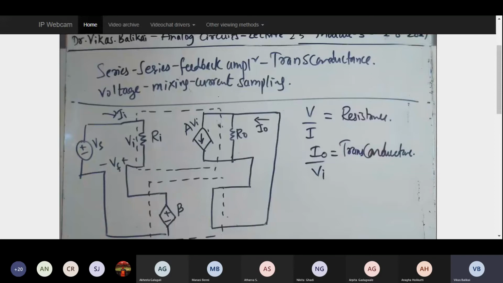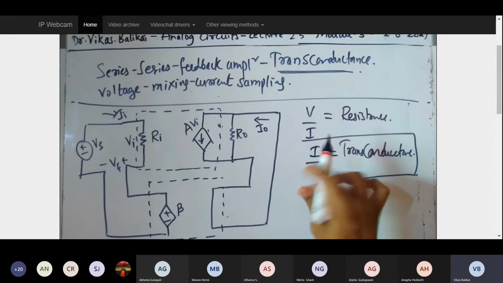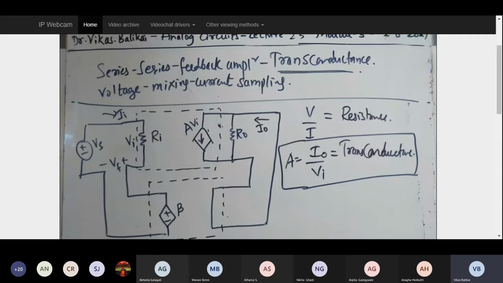So this entire amplifier is also called a transconductance amplifier because the input is voltage and the output is current. So my gain expression: always remember, gain I say as output by input. Whatever the output is, I put it, and whatever the input is, I put it. Whether it is output current or voltage doesn't matter to me. I represent that particular gain term as it is: if output voltage, I say output voltage; if output current, I say output current. Now this is how I depict this transconductance amplifier configuration.